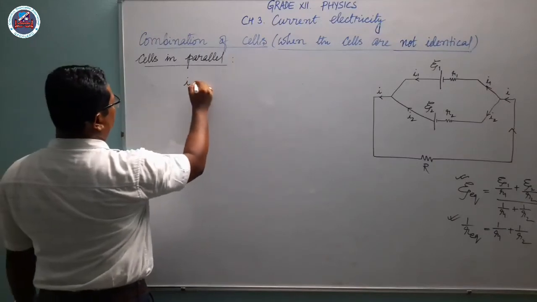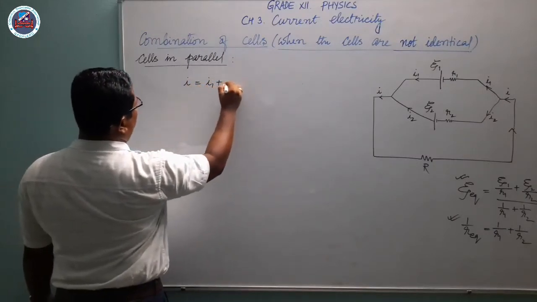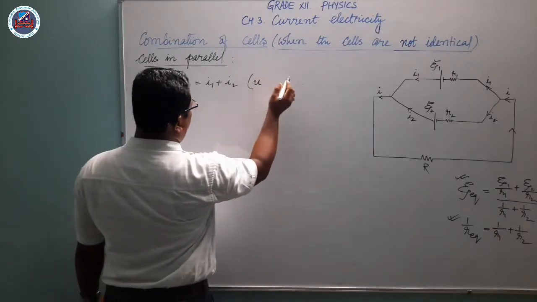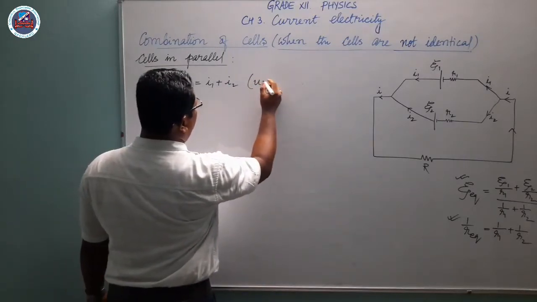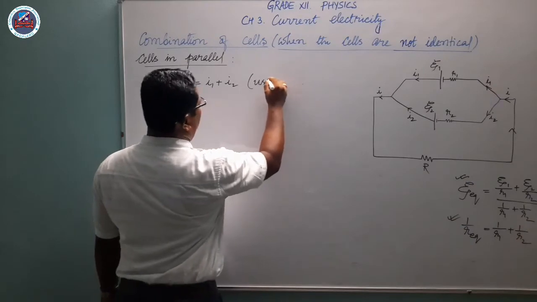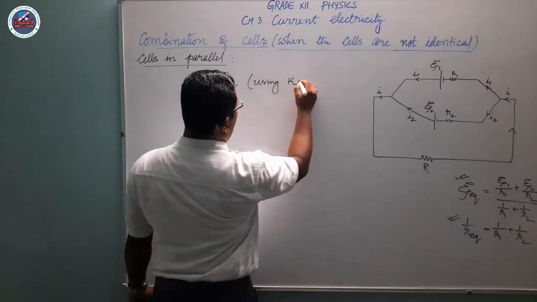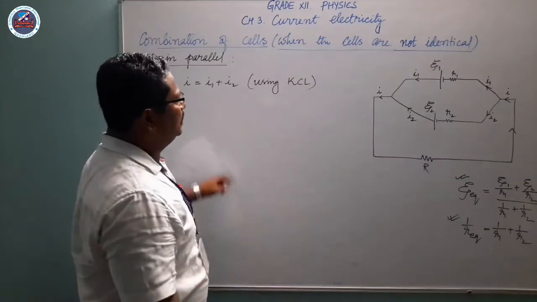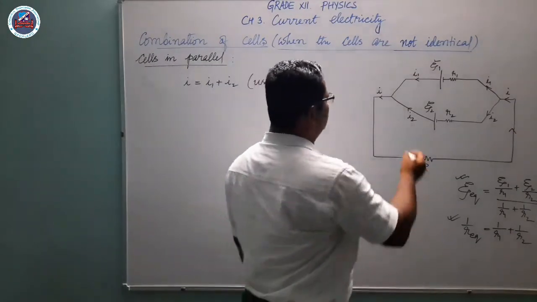Here I is equal to I1 plus I2, using Kirchhoff's voltage law, sorry, using Kirchhoff's current law, KCL. Now after doing this, let us choose this path.